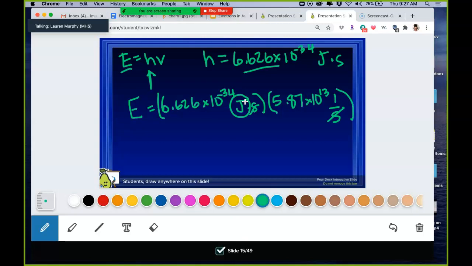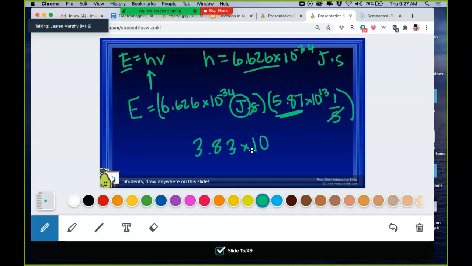I'm going to wait for some answers and see what you get. This is 3 sig figs, so your answer will be 3 sig figs. It's 3.83. Now, don't forget to read your whole calculator. Times 10 to the, what is my power?